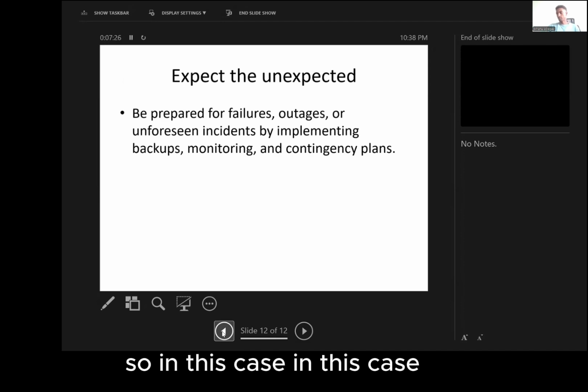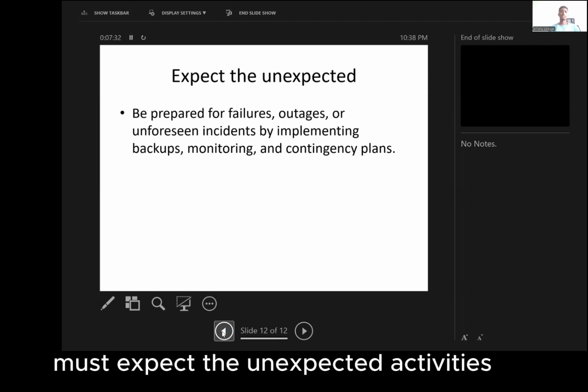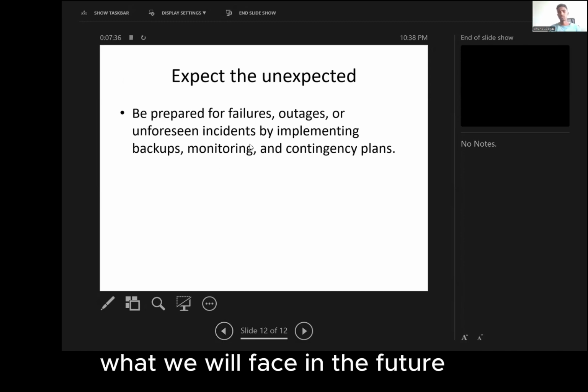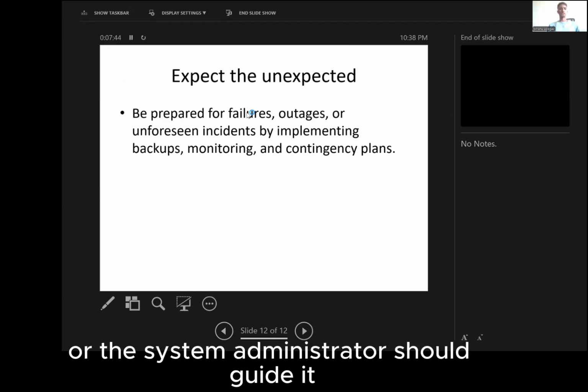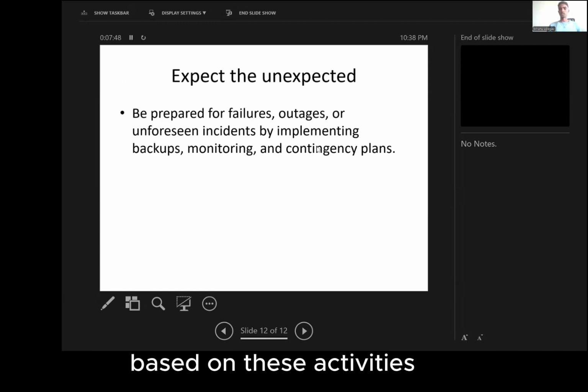So in this case, the system administrator must expect the unexpected activities that we will face in the future. Based on this, the system administrator should be guided by these activities.